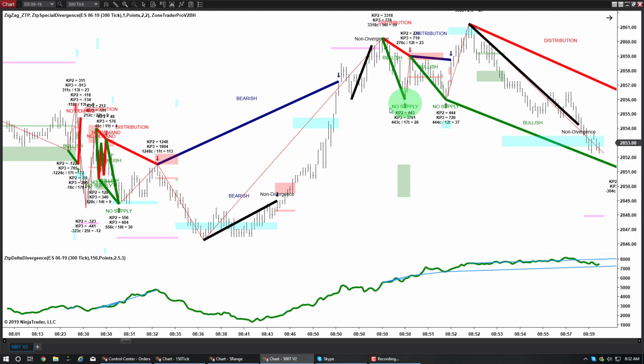This is not normally a trade that I would be looking to take because of risk reward. However, if I'm being given a no supply here and then again a second no supply here, and I'm looking at this cumulative delta down here, these are both trades that I definitely would want to be involved with. The cumulative delta and the large lot traders are both supporting that trade, thus giving you a better risk reward scenario to enter that trade.